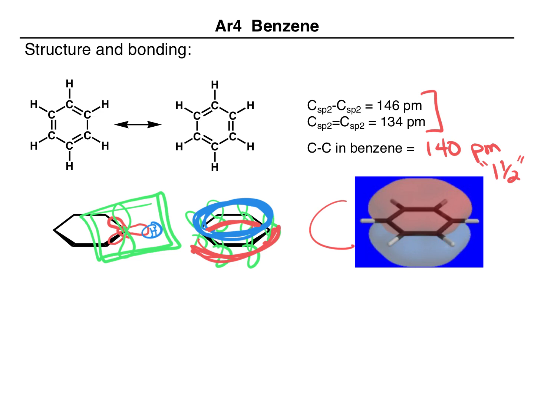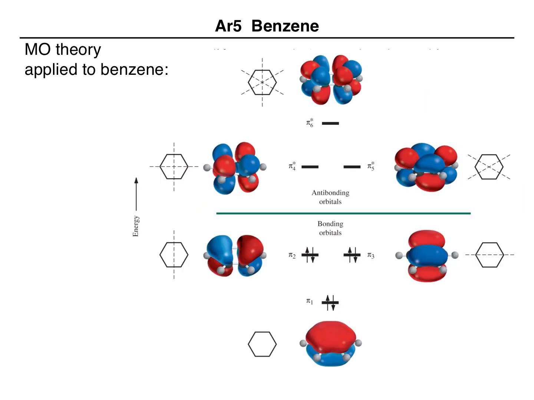So we can think about this delocalization of electrons throughout this continuous pi system as a way to try to understand the special stability of benzene. Rather than a vague concept of p orbitals overlapping in a continuous pi system, we could instead apply molecular orbital theory to try to explain benzene.